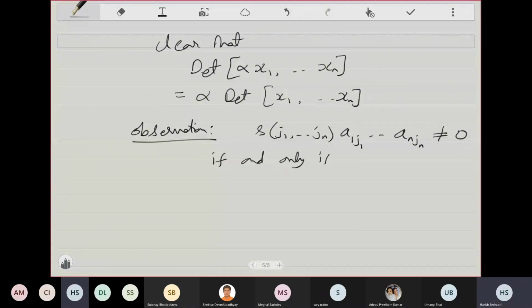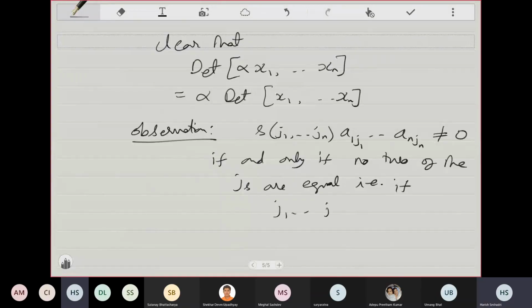If and only if no two of the j's are equal, this we already observed, i.e. if j1, j2, ..., jn is a permutation of 1 to n.